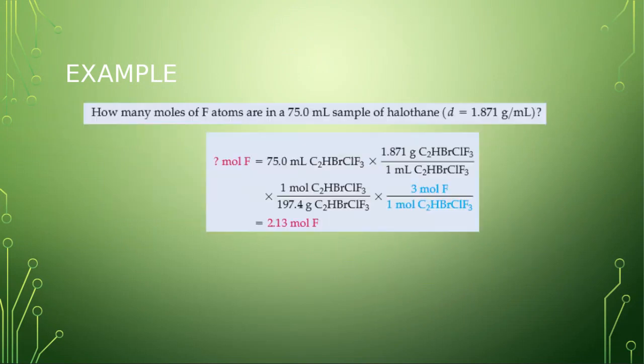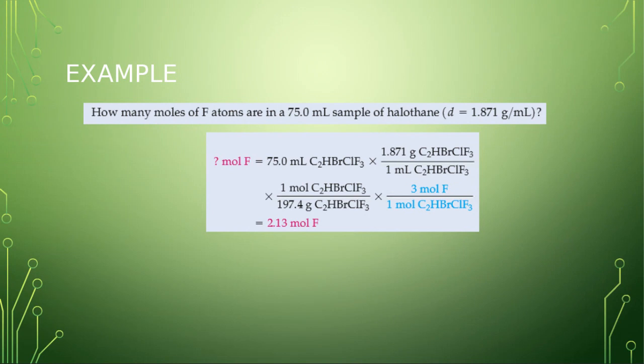The other example: how many moles of fluorine atoms are in a 75 milliliter sample of halothane? Halothane is a liquid substance, so we should use the density, because the density gives the conversion between milliliter and gram. This is very important.